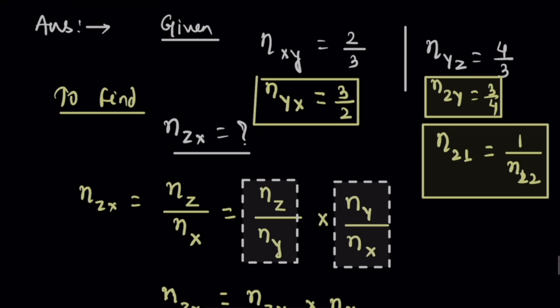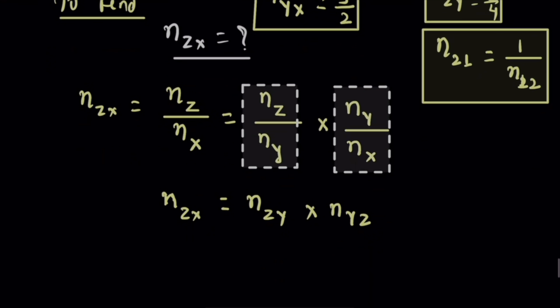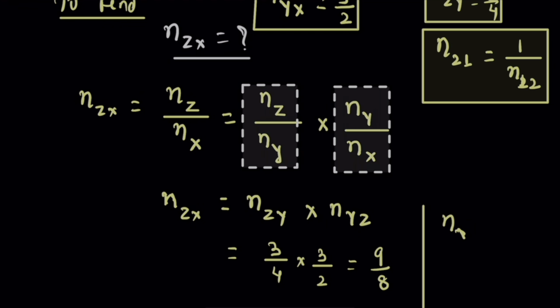And in the beginning, NZY is 3 by 4 and NYX is equal to 3 by 2. We can substitute the value: 3 by 4 into 3 by 2, which is equal to 9 by 8. So this is the answer for the refractive index NZX, which is 9 by 8.